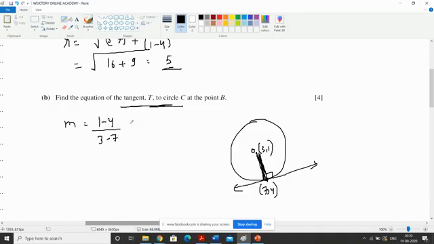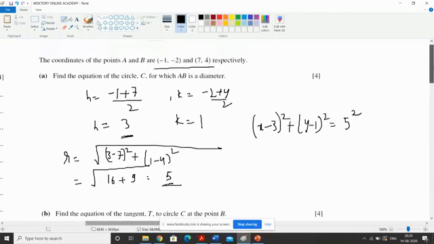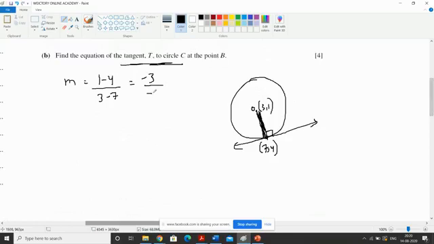So 1 minus 4 is -3 and 3 minus 7 is -4. That's -3 over -4, which will give you 3 over 4. That's the gradient of this radius.